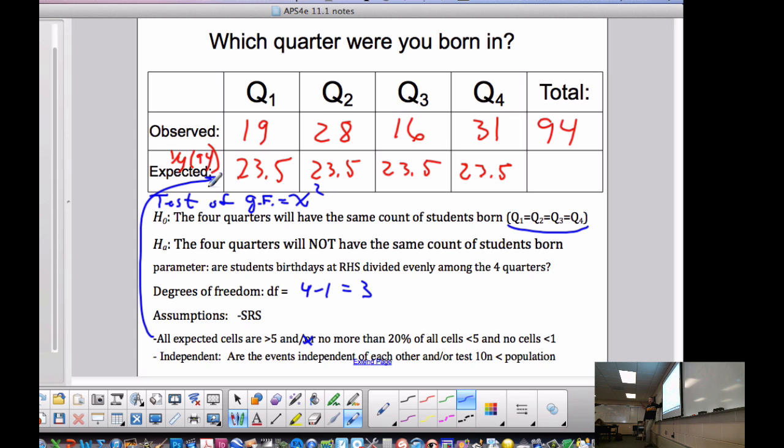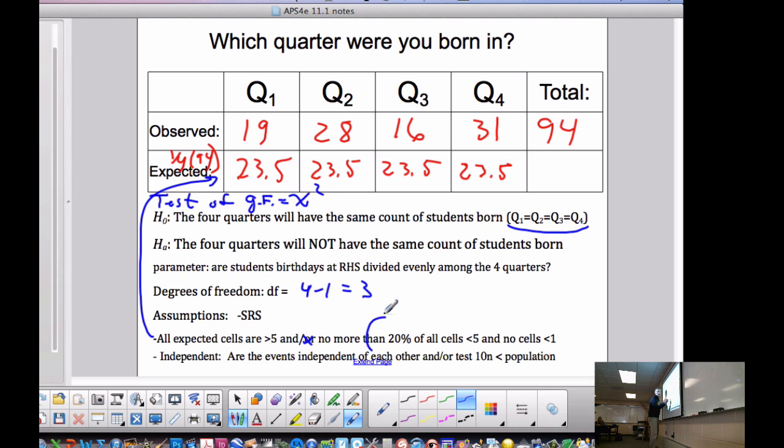And then independence. Are the events independent of each other? I would assume that we have independence. You're independent from somebody else. You know what I mean? It should be independent. However, what if I have a pair of twins? Do we have independent events? No, because they're going to come in at the same time, at the same birthday, right? So just in case, let's go ahead and test the 10n.